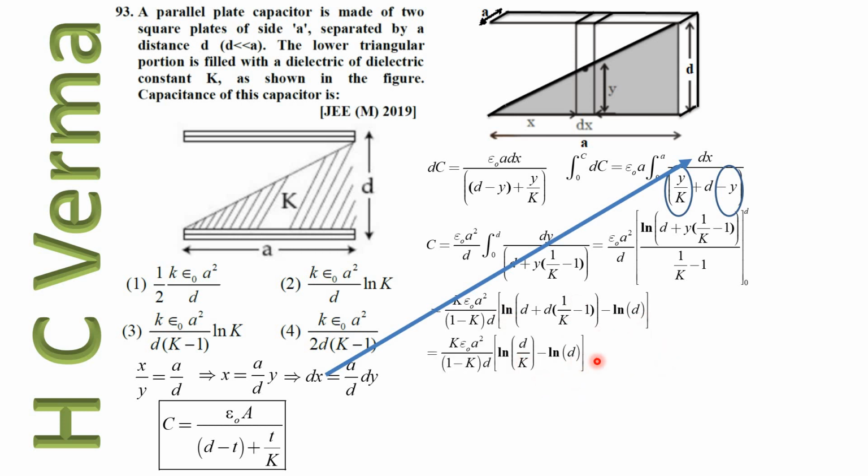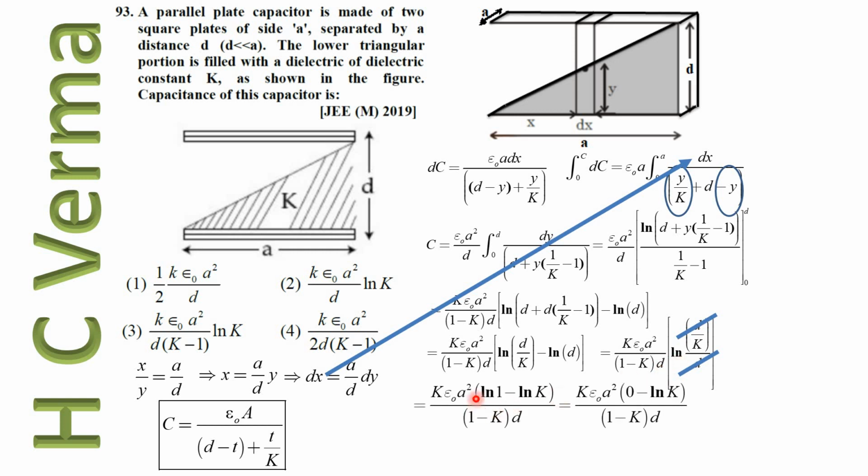Log a minus log b is log a by b. D by d cancels. We are left with natural log of 1 by k. So natural log of 1 minus natural log of k. Log of 1 is 0. This minus sign is to be adjusted here to be written as k minus 1, and you get the final answer.